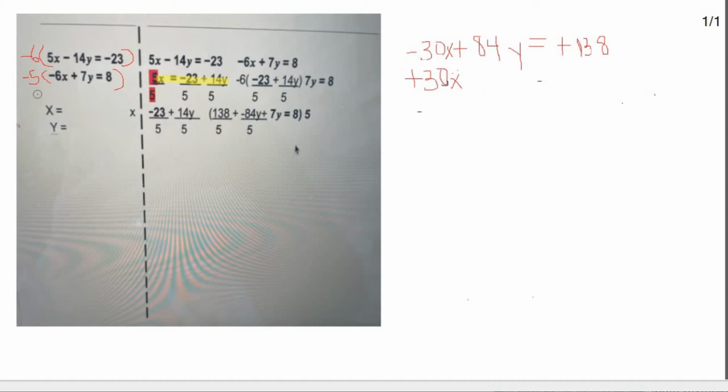And then I have -5 times 7y will give me a negative 35y. And then I'm going to take this negative 5 times equals 8, and when I multiply a negative 5 times 8, that would give me a negative 40.